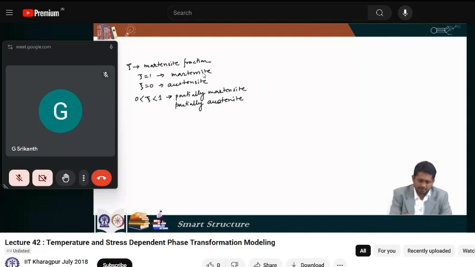So when phase transition takes place, if it transits to an austenite phase, xi becomes 0. If it transits to a martensite phase, xi becomes 1.